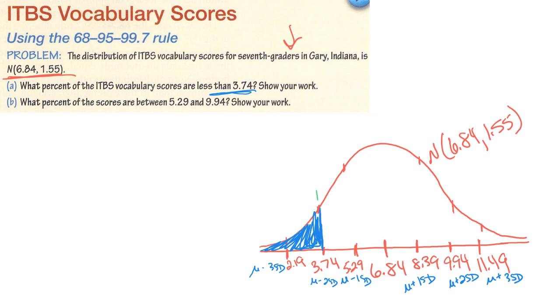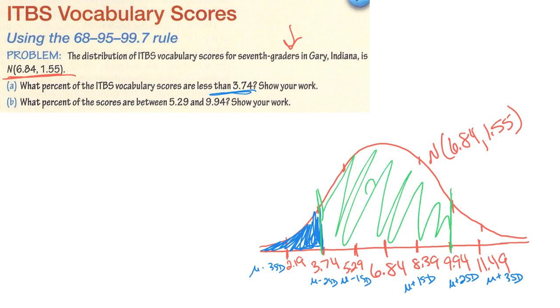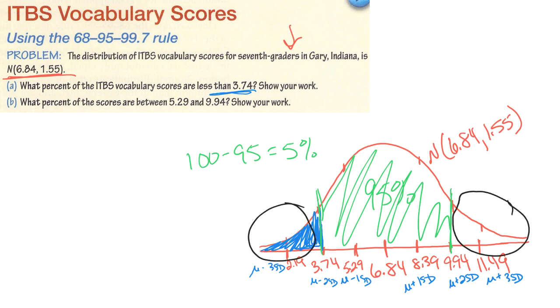So it wants to know what percentage is less than 2 standard deviations away. Well, if I remember correctly, this area of my curve right here is 95% of my curve between plus and minus 2 standard deviations. I know my area under the curve is 100%, so 100 minus 95 leaves me 5% of my curve left over. But keep in mind that 5% is split into the two sides, this tail and this tail.